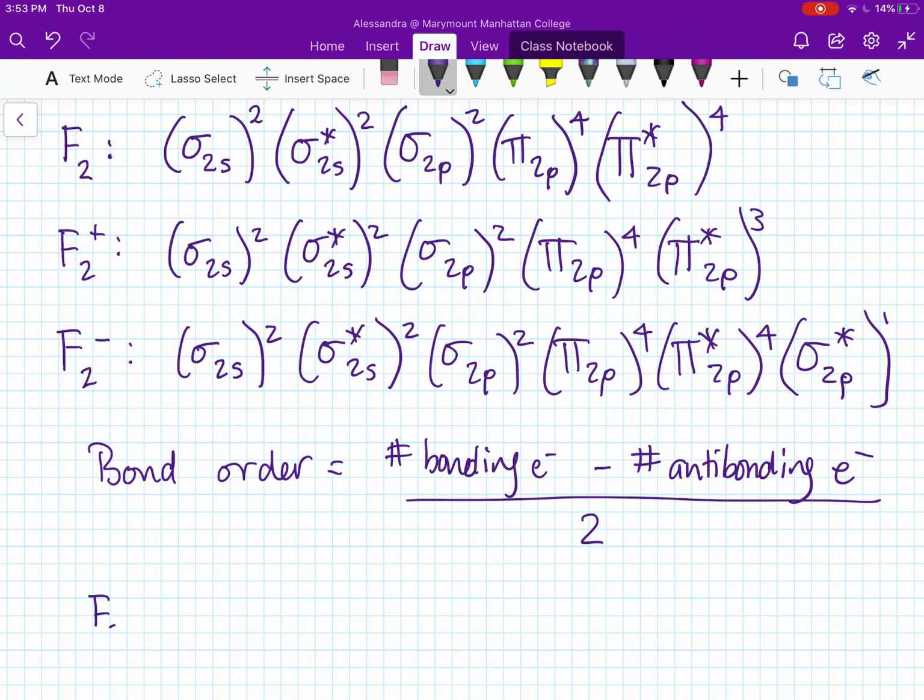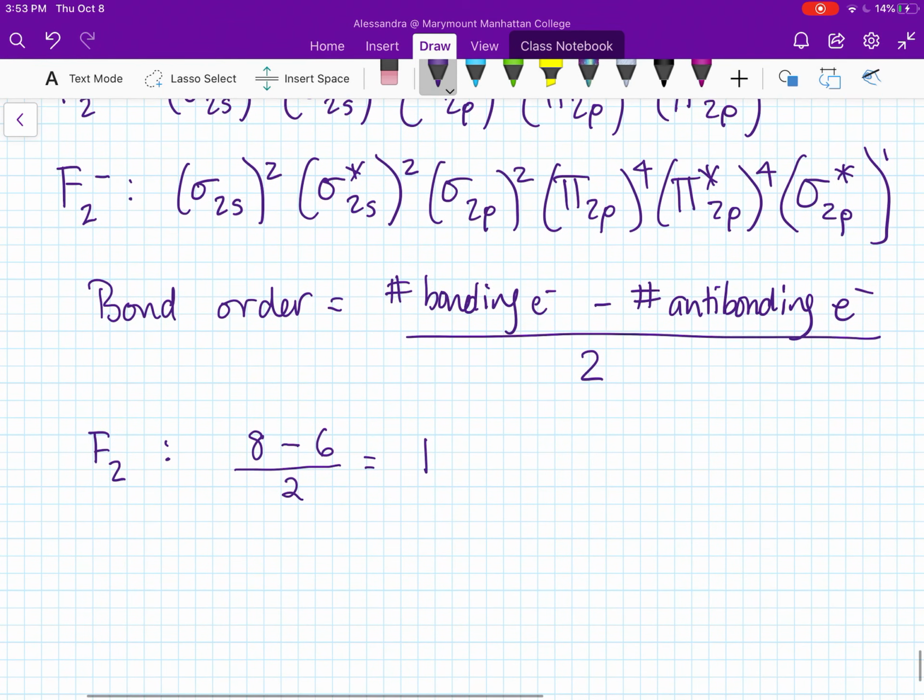So if I do that for each of these species, for F2, there are, let's see, 2, 4, 8 bonding electrons minus 6 anti-bonding electrons divided by 2. So what's 8 minus 6? 8 minus 6 is 2, divided by 2 is going to be 1. So I have a bond order of 1 for F2.